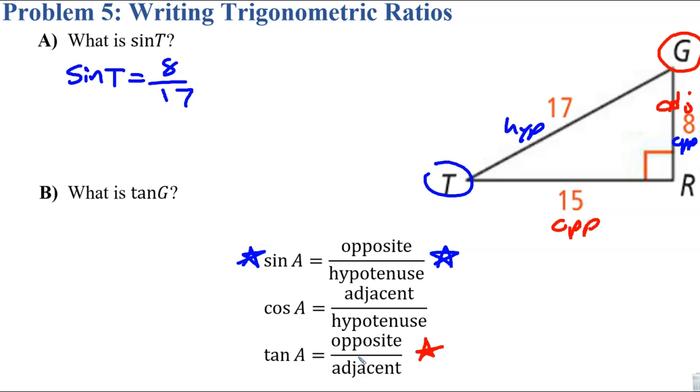And if I'm talking about my tangent ratio, tangent is opposite over adjacent. So we could say that the tangent of G is the opposite 15 over the adjacent 8. All right, again, do pay attention to which ratio you're using and then also which angle you have. That's going to determine which side length you're dealing with.